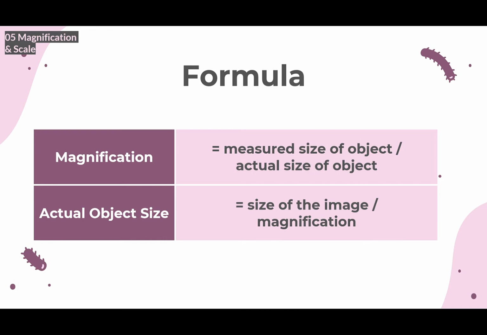For example, with linear magnification, if you have a worksheet with a picture of a cell and a scale next to it, you first measure the object with your ruler, then you measure the scale line, and you can then calculate the amount of magnification. But if you want to calculate the actual object size, you use the second formula.